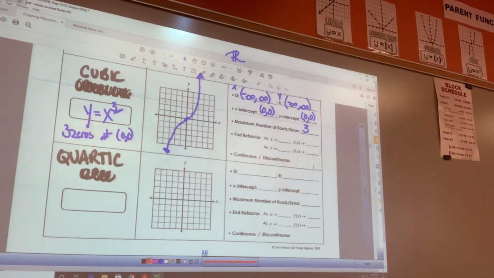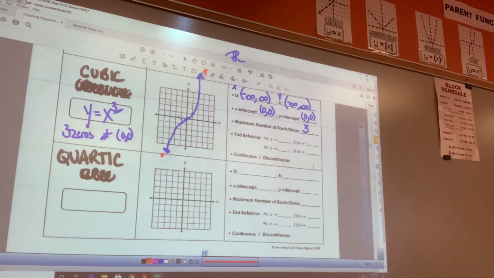With this, the only thing we're looking at is the end of our functions. That's it. So as x approaches, as we are moving and inputting our x's going towards negative infinity, when I put in a -1, what do I get? -1. When I put in a -5, what do I get? -125.